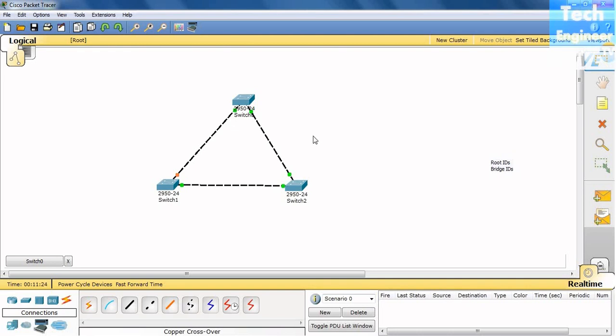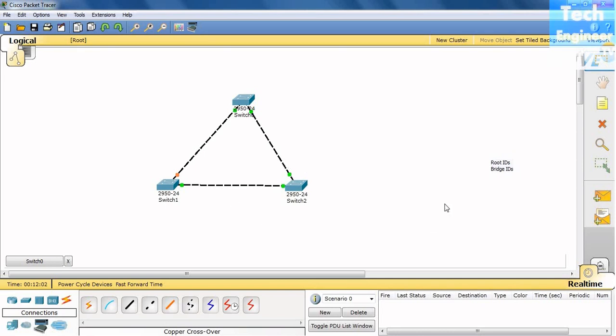Now, as I said, one of these two switches could be the root. I don't know which one, but to find that out, you can either make those changes, or they find out on their own. By their own they try to find out which is the root switch. As I said, they send a BPDU.